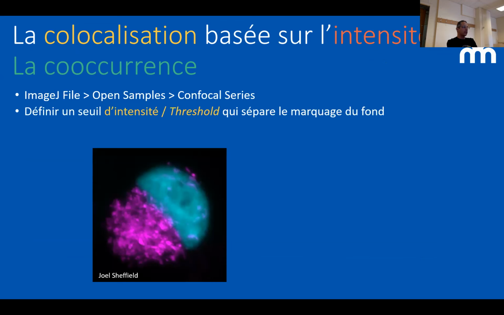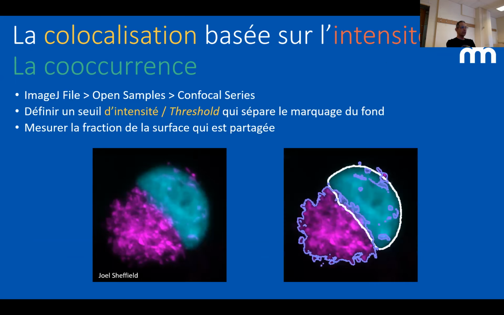When you do a colocalization based on the intensity, you're going to start exactly the same way as for objects. You're going to threshold your image, and then you're going to measure what is shared and what is not shared. So in this image, I did that, and I did the colocalization on the cyan channel, and I got this white area.